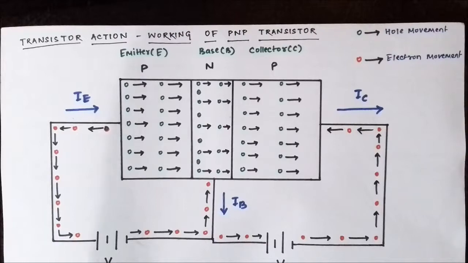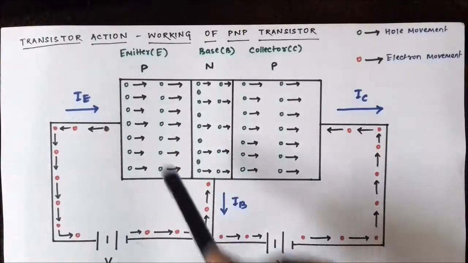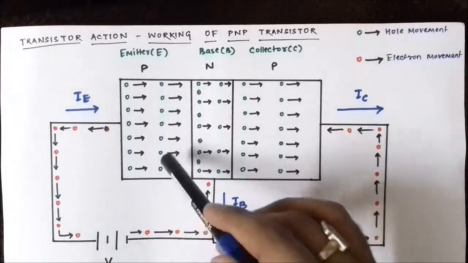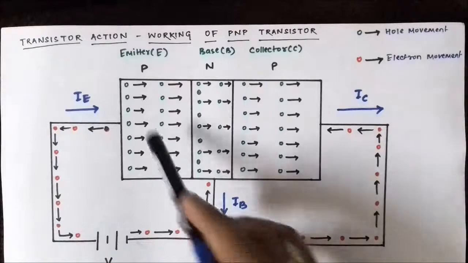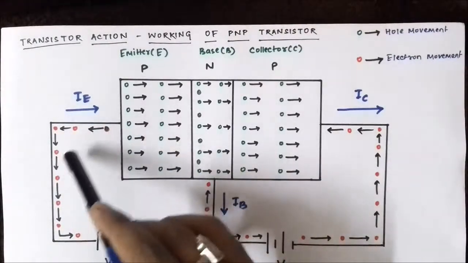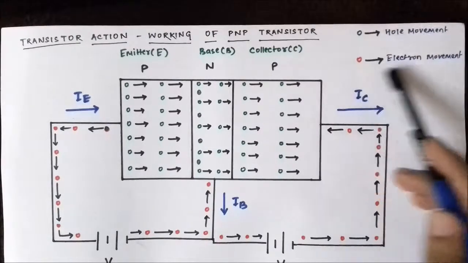Now you would have noticed that in the block I have represented the movement of holes by these green dots. But in the outer circuit, I have used the red dots, which are electrons. Okay, the green dots are holes and the red dots are electrons.